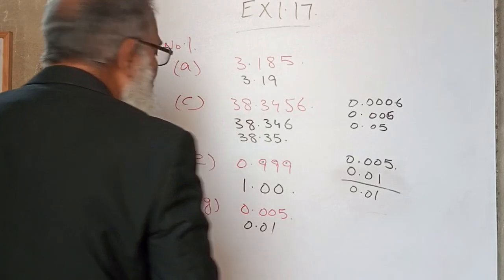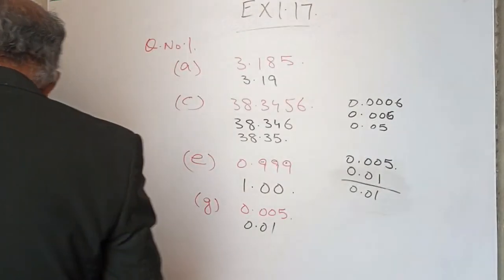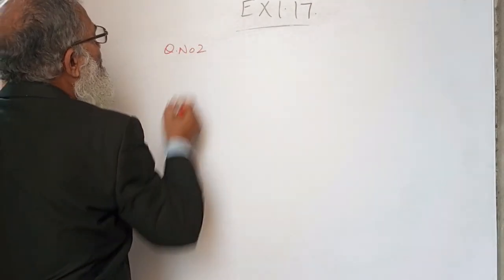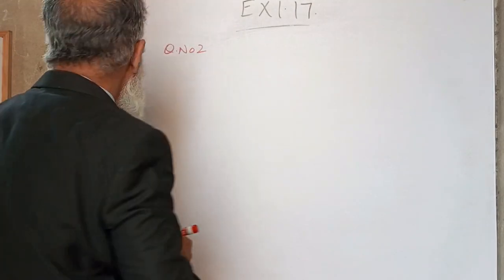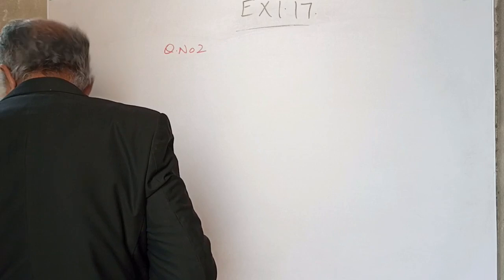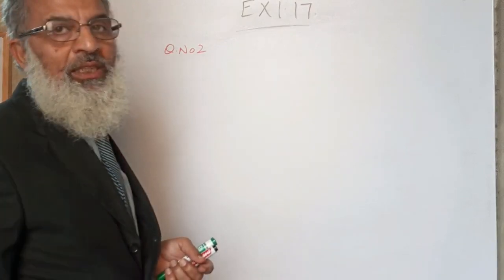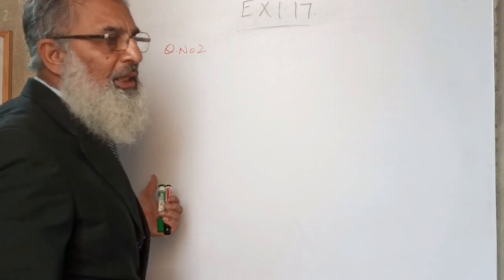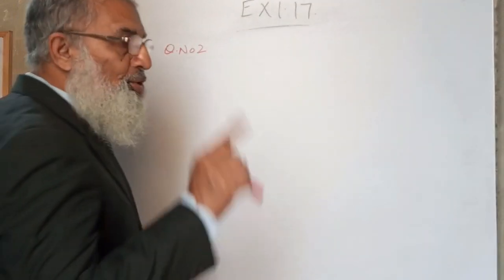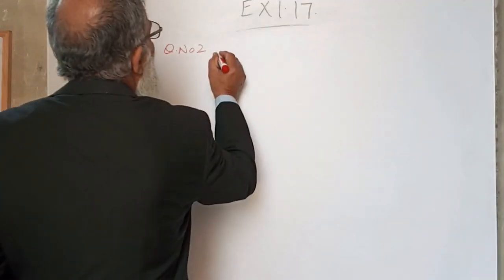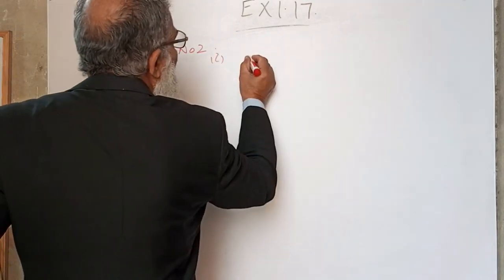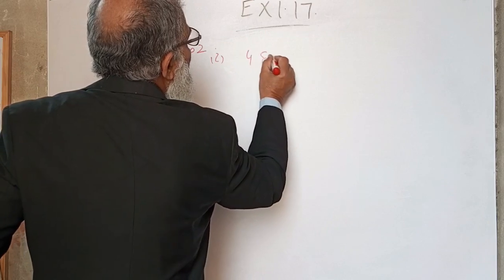Let us now proceed to question number 2. Now dear students, let us start question number 2. It says that we have to express each of the numbers given in the question to, see what is written over here, four significant figures.